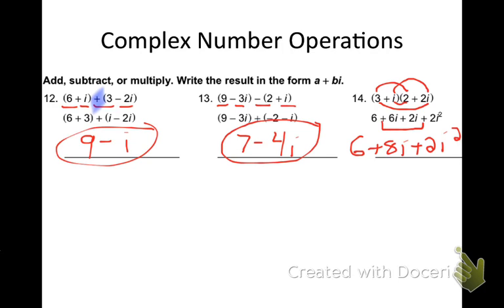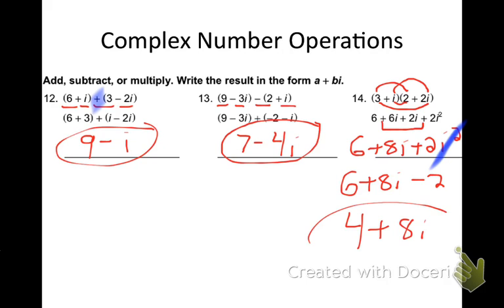What do we know i squared is the same as? i squared is the same as negative 1. So this really becomes 6 plus 8i minus 2, because 2 times negative 1 is minus 2. Now I can simplify further. 6 minus 2 gets me my correct answer here, which is 4 plus 8i.